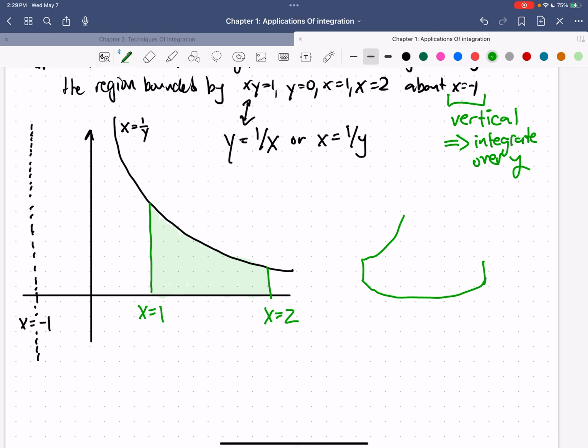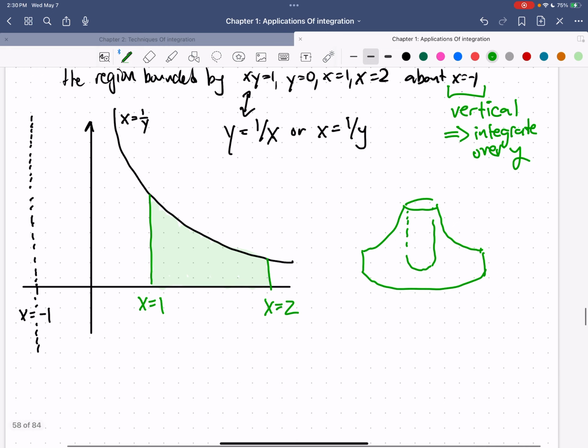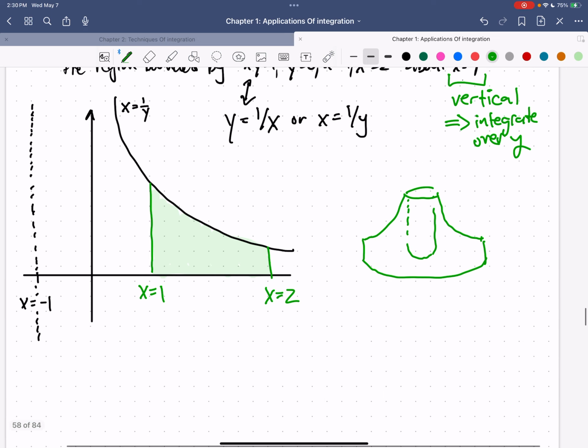So this is the shape we're dealing with, and it's hollow on the inside, like that. Because of the changes to the outer radius, we'll have to consider things slightly differently. So I'm going to break up this region into region 1 and region 2.